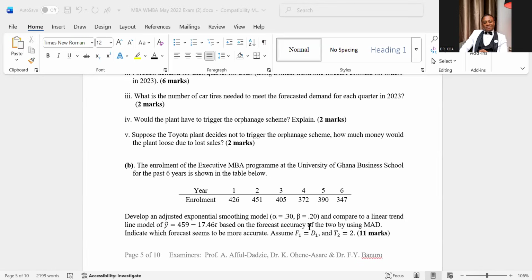Because the forecasted demand in 2023 requires 162,750 ties. That's what we need. And this is more than the 100,000 contractual agreement.